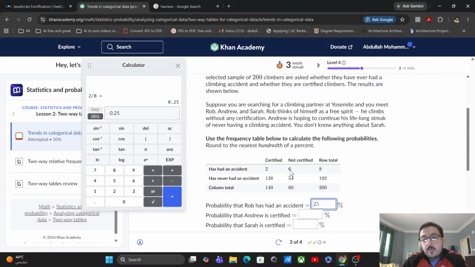Probability that Rob has an accident. 6 out of 60 actually. That Rob has had an accident: 6 out of 60.